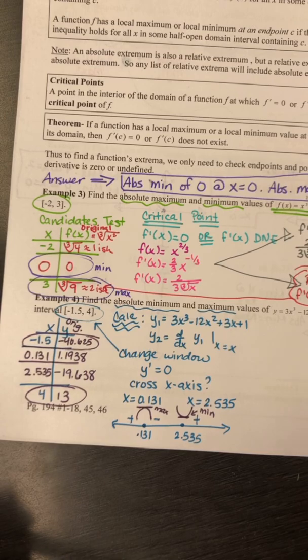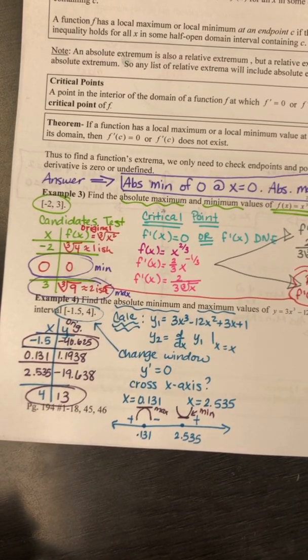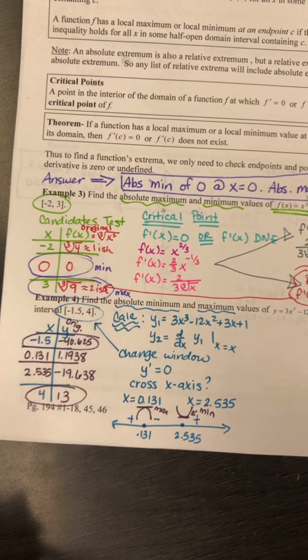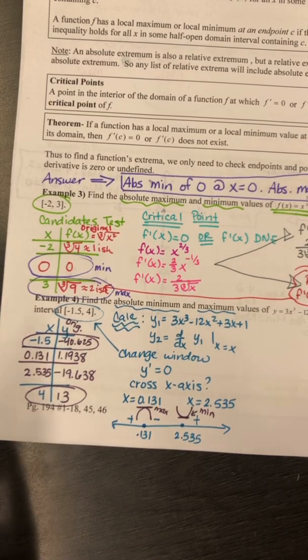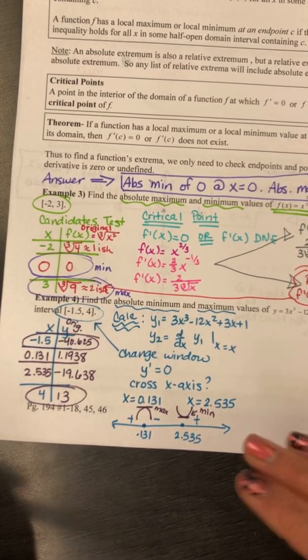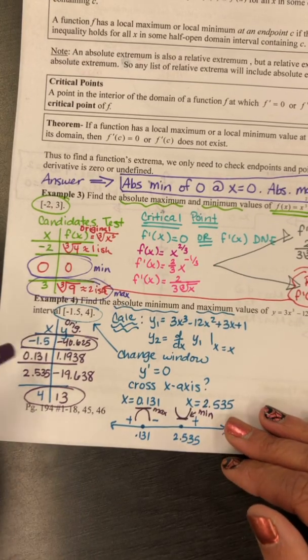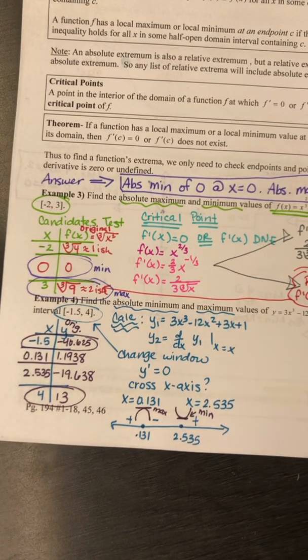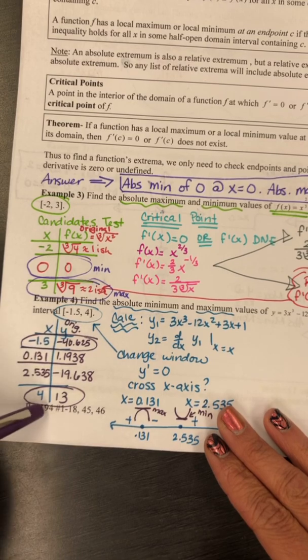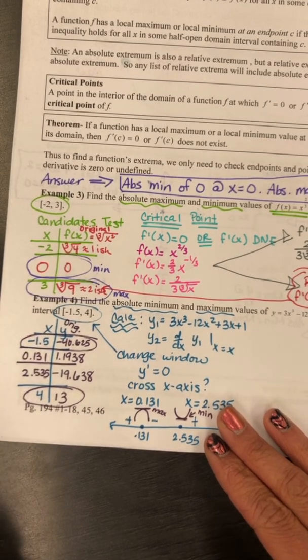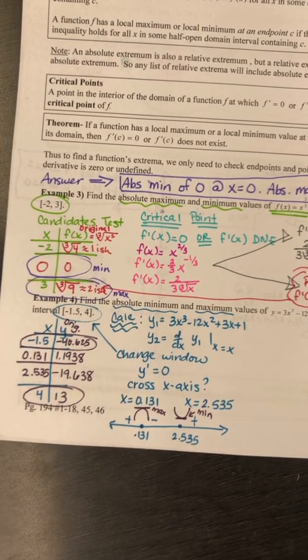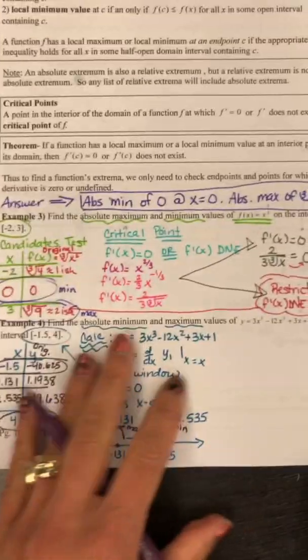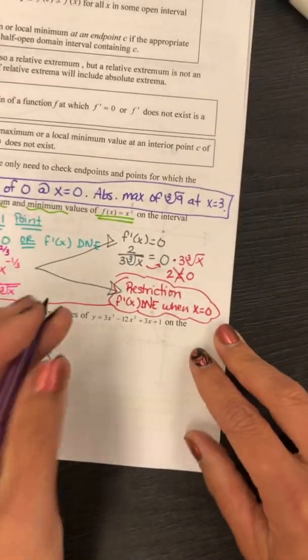And sometimes there's going to be questions that ask you for the extrema, all the extrema, the relative extrema in a problem. And if you're looking for all extrema, like the relative extrema is everything, then you have to list all the extrema, which would be all of these points. These are all maxes and mins of the graph, okay? All right, so let's write up our answer. You guys ready?